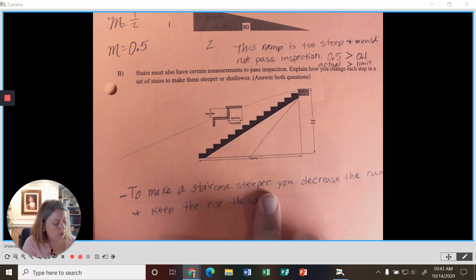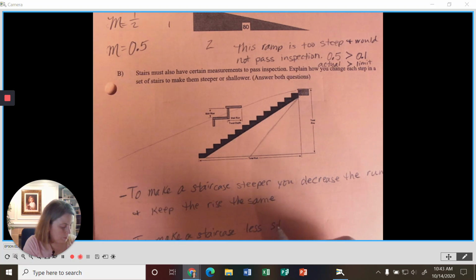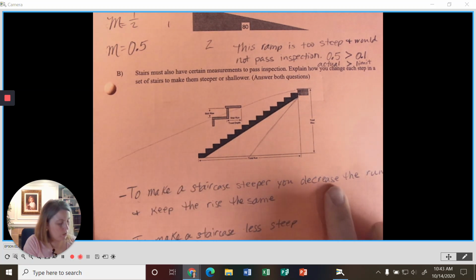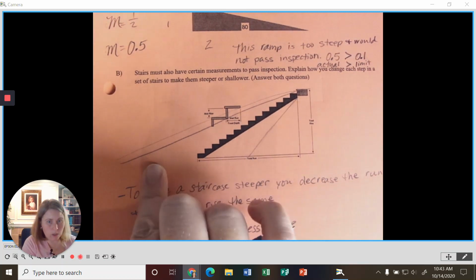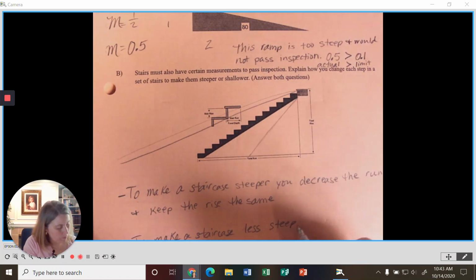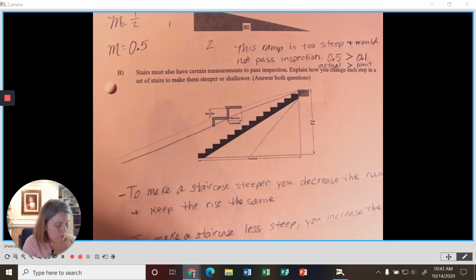And then to make a staircase less steep, you could increase the run, so make it a longer run with the same rise. So increase the run and keep the rise the same.